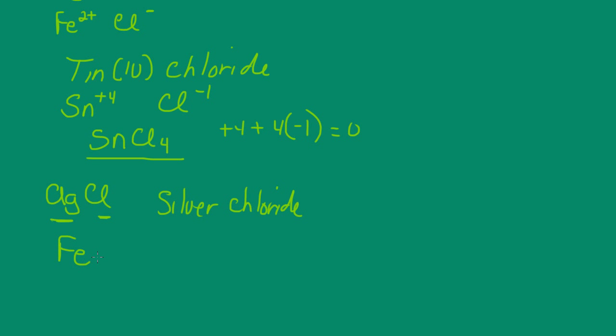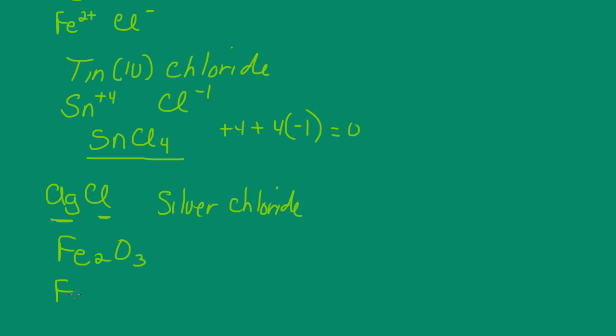Let's try this one here. Why don't you name this compound? We have iron, and this is one of those transition elements that can form ions of more than 1 charge. So here we have iron as the metal, and therefore it can form ions of more than 1 charge. So by looking at the formula, remember this subscript here is going to be the charge on the iron.